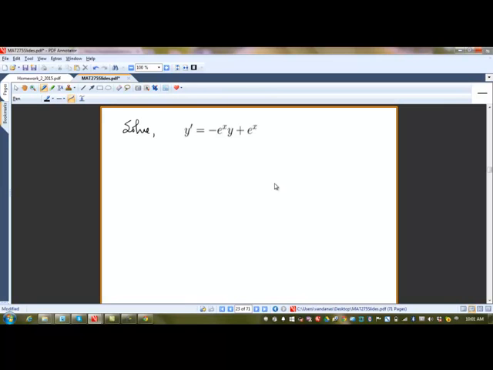What do you mean? f of x is e to the x, and then g of y is negative y plus 1. Very good. That's right. It is separable, and you will pull out e to the power x in this, and you will get negative y plus 1. So this function will represent your g of x, and this will represent your f of y.